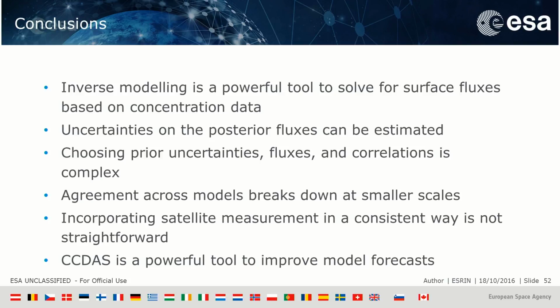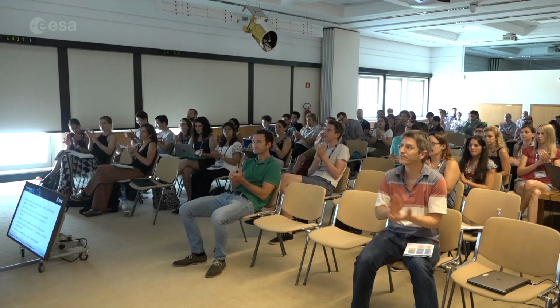Incorporating satellite measurements in a consistent way is not straightforward. There are some projects going on right now trying different methods to see if we can improve this. And then CCDAS really offers a nice, powerful tool to improve model forecasts, but it is also computationally expensive. So thank you.